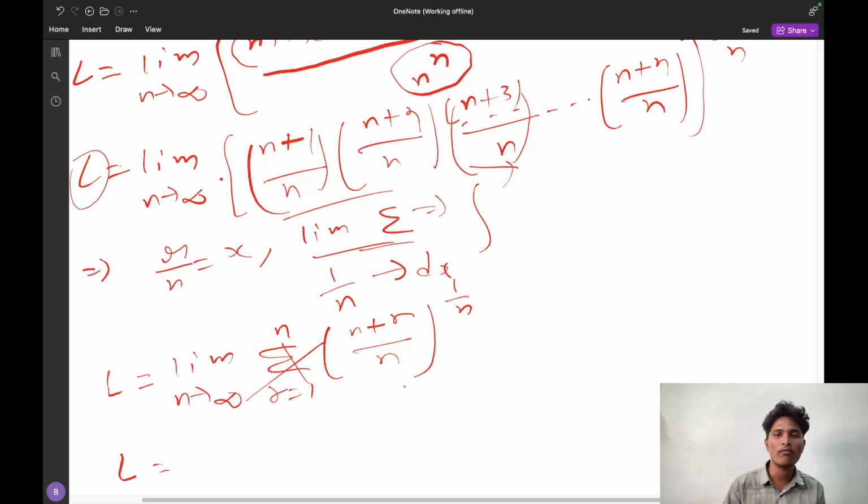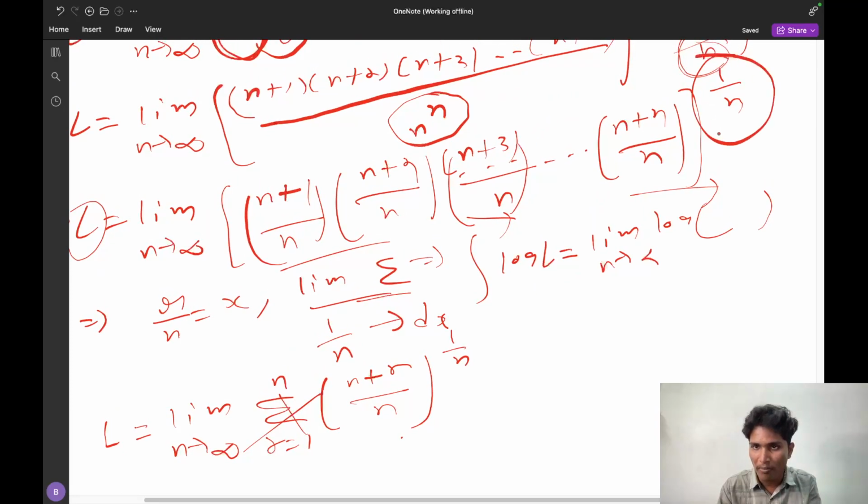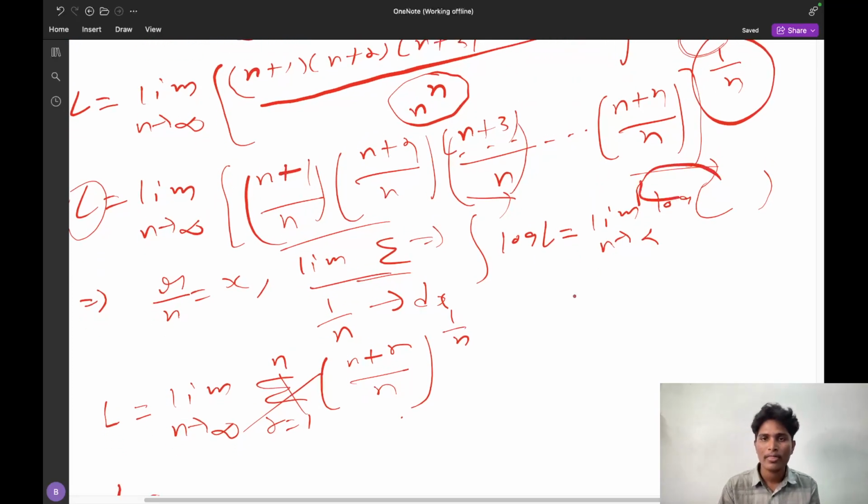If I take log here, L becomes log L. Log L equal to log of the entire thing, that is limit n tending to infinity log of the entire thing. What will I get? I will get the 1 by n outside.